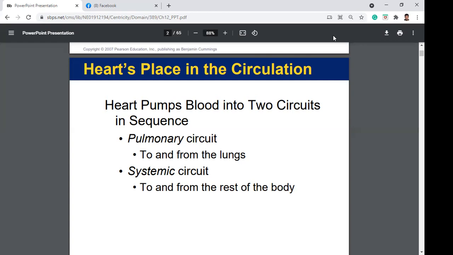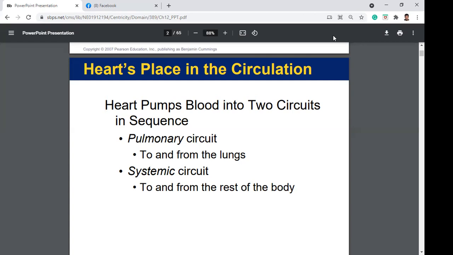The systemic circulation begins from the left ventricle. From the left ventricle, it moves the blood through the aorta to other parts of the body, carrying oxygenated blood.